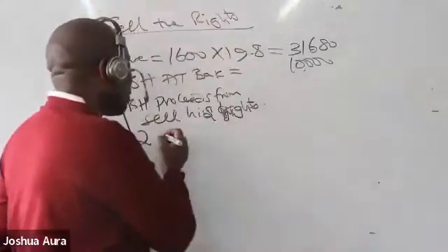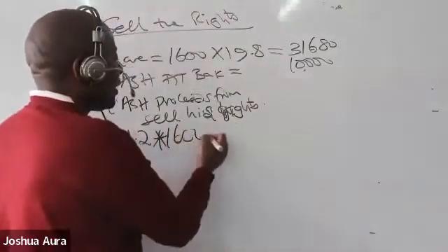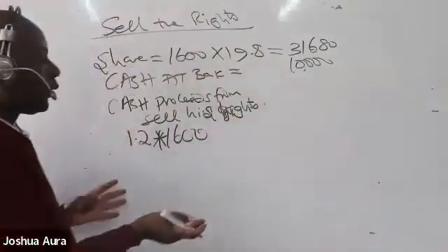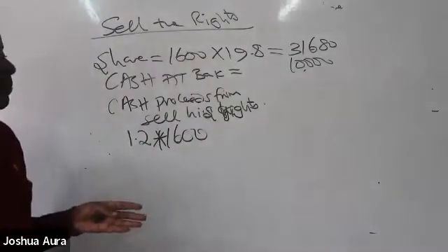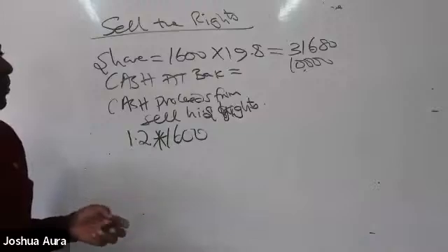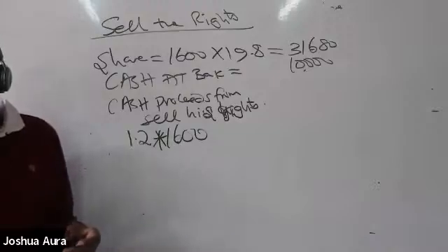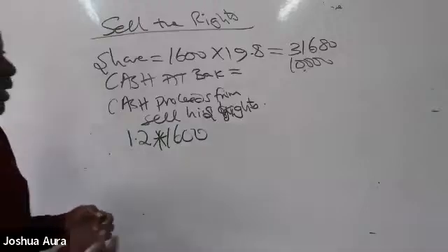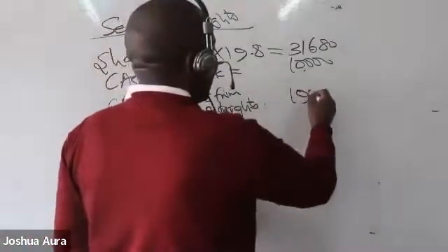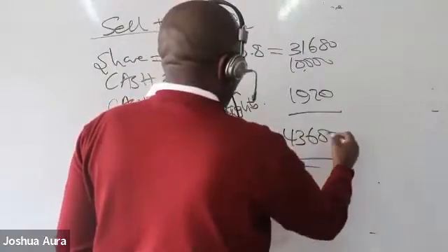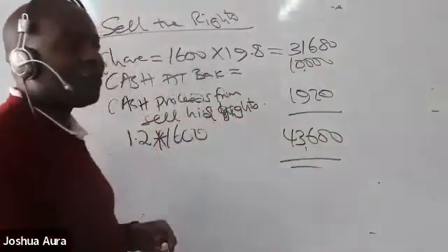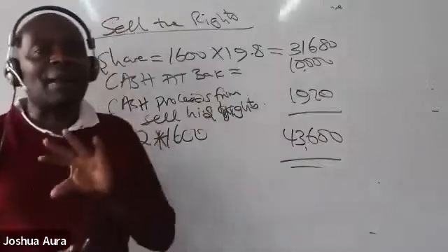So it will be 1.2 times the 1,600 that the guy has, which will end up giving me 1,920. So when you add here, you'll be able to get 43,600. Does it make some sense?